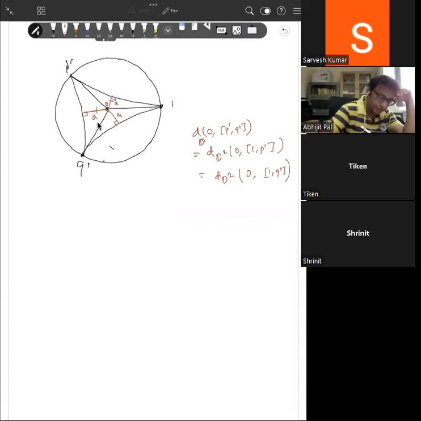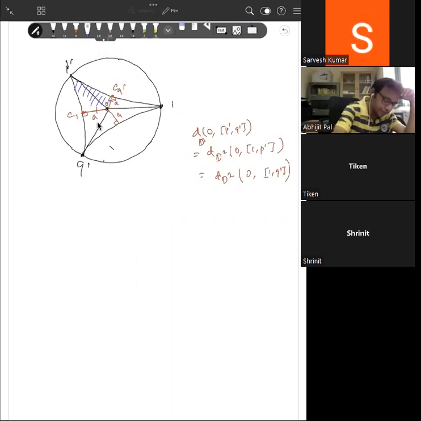Therefore, if I call this point C1 and this one CQ prime, I'll just concentrate on this part.